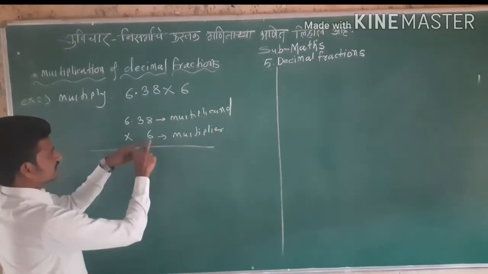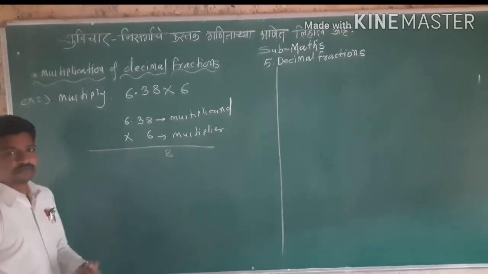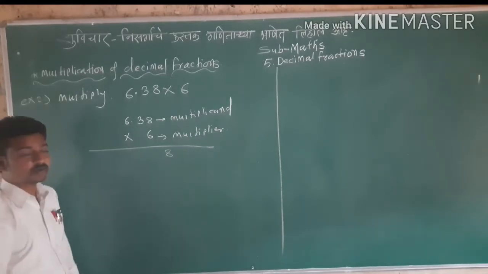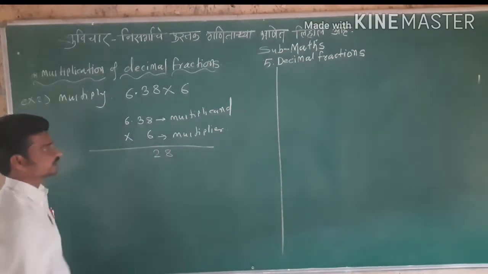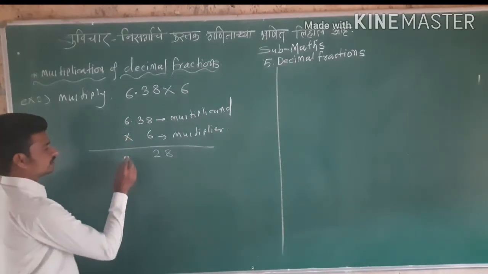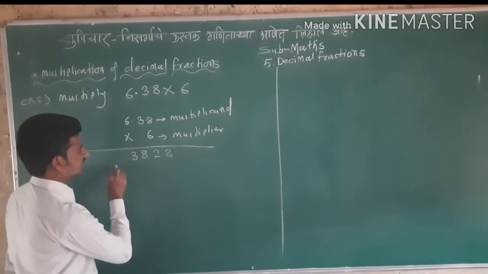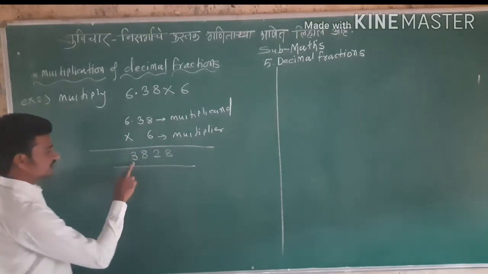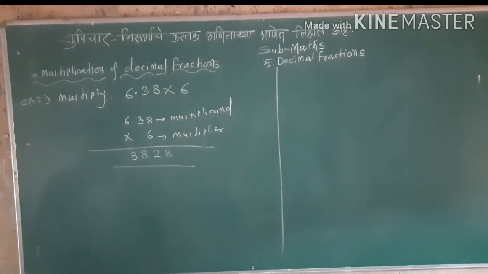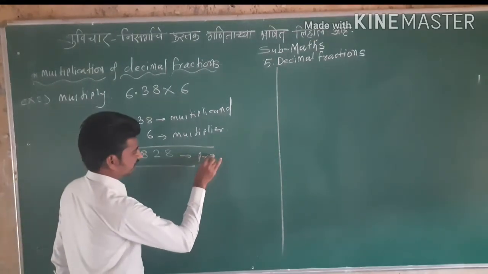Now see here, 6 8s are 48, carried over 4, 6 into 3 18, 18 plus 4 22, carried over 2, 6 into 6 36, plus 2 38. We get the answer 3828. That number is said to be the product.